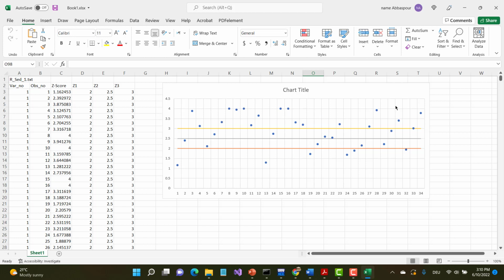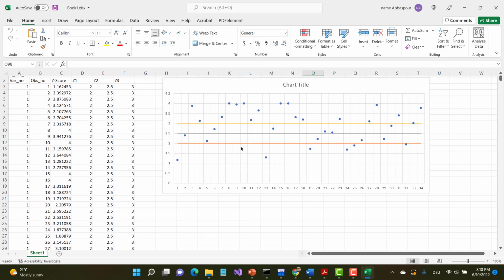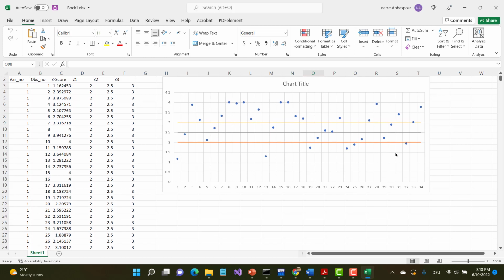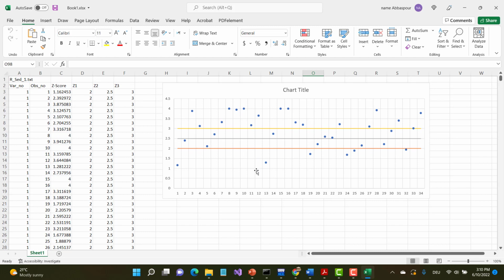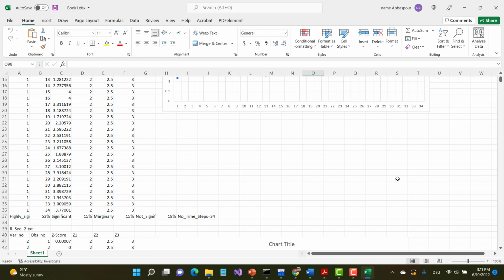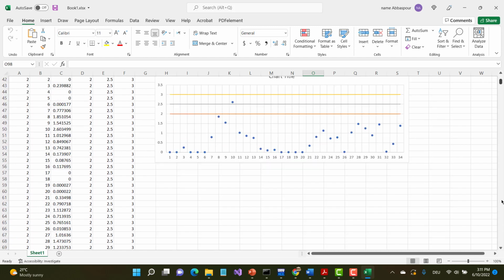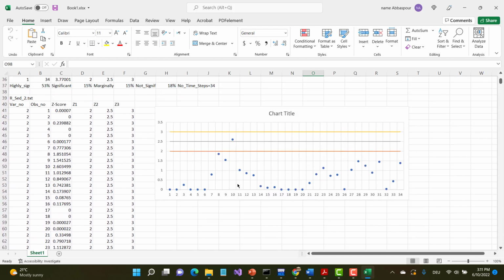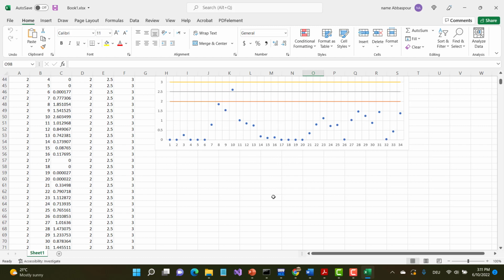So it's mostly significant. It's highly significant here in these areas, and only a few cases which are not significant. So for sub-basin number one, it would be significant, and you can plot similarly for sub-basin number two, which is not significant, and this has a nice pattern that can be analyzed.